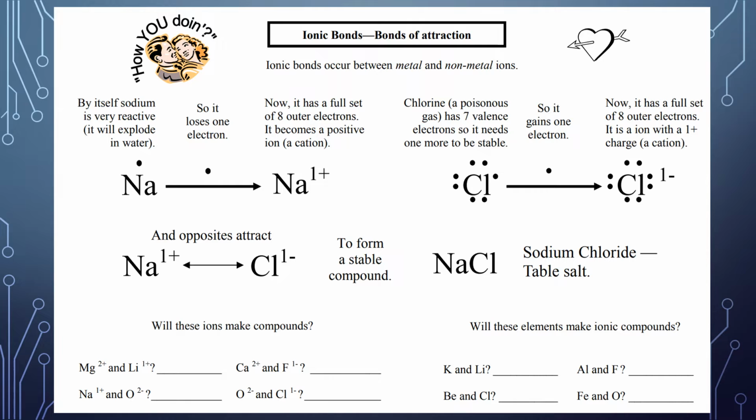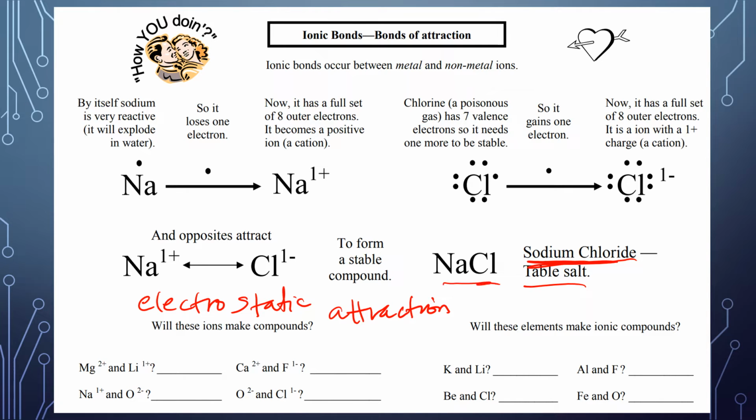So when opposites attract, so to speak, you have this electrostatic attraction between the positive and negative charge, and that's going to form a stable compound. So sodium plus chlorine, they will make sodium ions and chloride ions, and they're going to form table salt, a stable compound, sodium chloride.